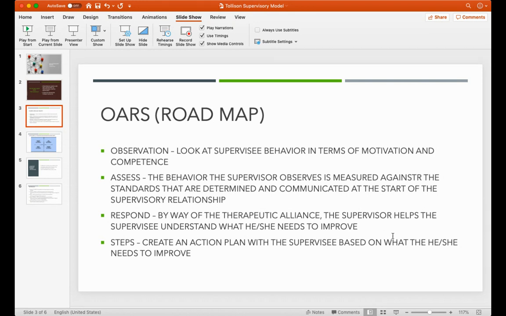So it is very important to keep in mind the timing of challenges posed to the supervisee, and to make sure that you have the foundation of a good relationship before trying to do that. Once this is in place, the supervisee is really primed and ready for the final step, which is to create an action plan and figure out what needs to be improved upon.